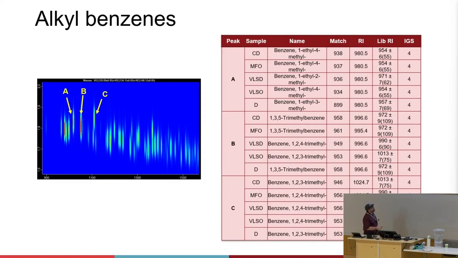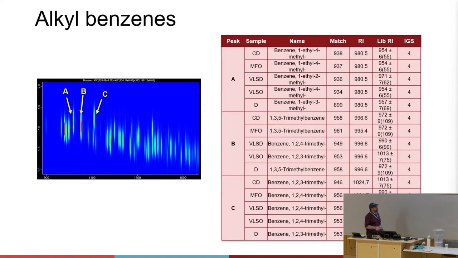Here's the name that was given to them, and you can see that in every case they're guessing similar things, but sometimes they'll have disagreements with where exactly the three methyl groups are, and all of these have basically a perfect score. The retention index is a good enough match. The spectral quality is great. All the right ions are there, et cetera.